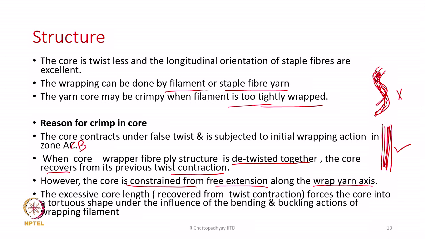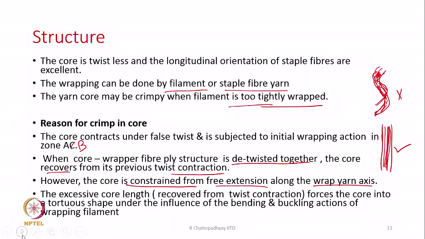So, it is forced to buckle now or forced to bend, and as a result the core starts bending. So, this is what can happen, and this has been observed also.